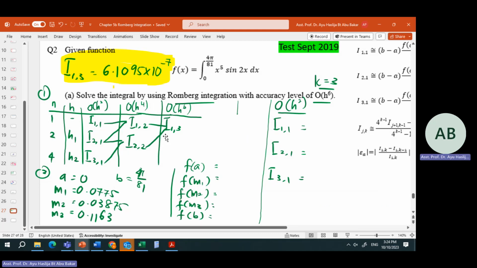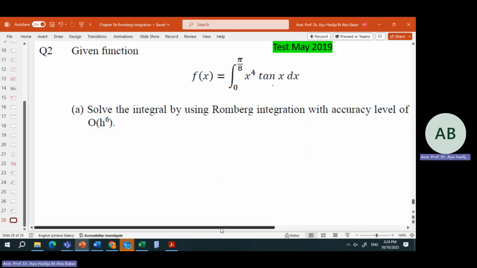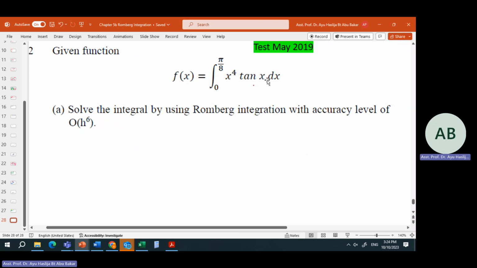So for your test, I will cover up to Romberg in chapter 4, all of it. Then chapter 5 up to Romberg, meaning trapezoid, Simpson's, unequal, Romberg. This one you can try on your own time. Similar steps, just the function is different, up to level O(h^6) as well. Okay, that's all for Romberg.